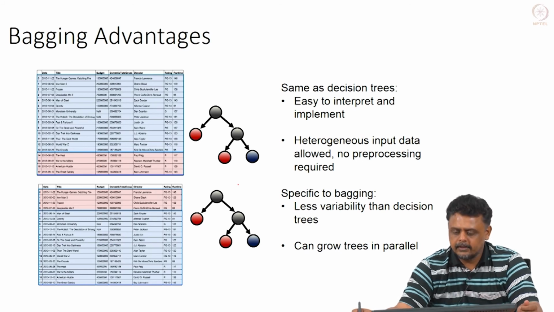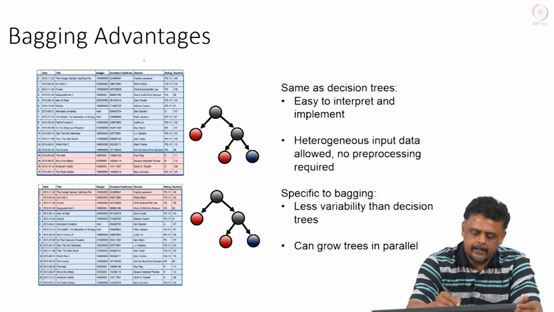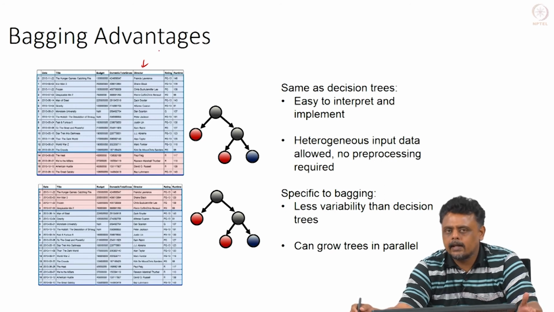But the problem still exists, because we are sampling the data with replacement and the process for growing the trees remains the same. Consider a situation wherein a certain feature, let us say in this case the director of the movie in this data set, has a significant impact on the classification that you are trying to do, and that is the most important feature.